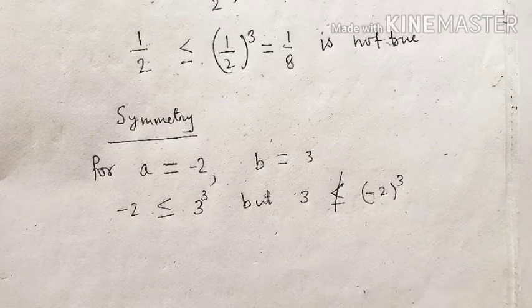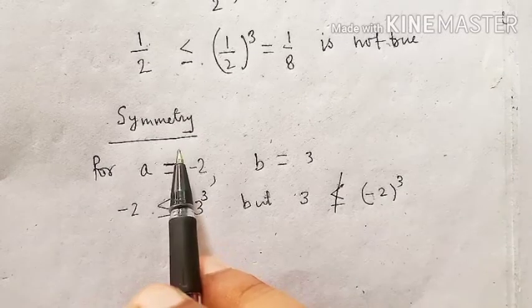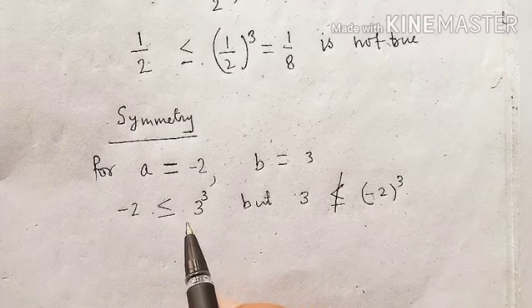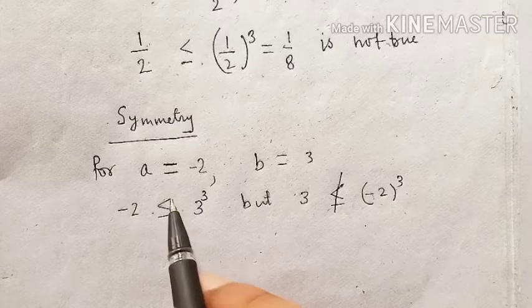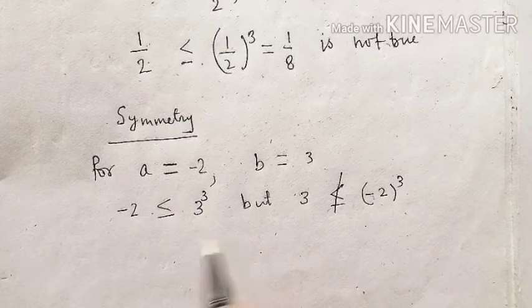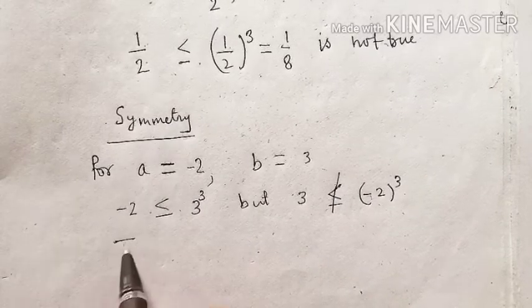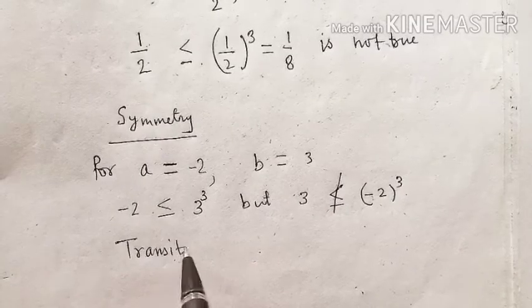So we have to think more and select a counter example where the relation does not exist. So we can say that R is not symmetric.